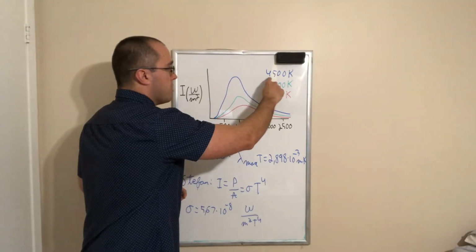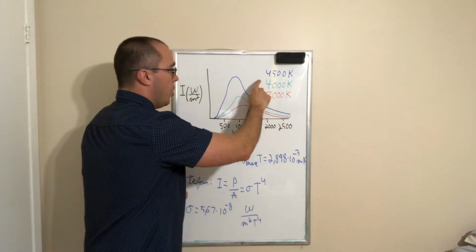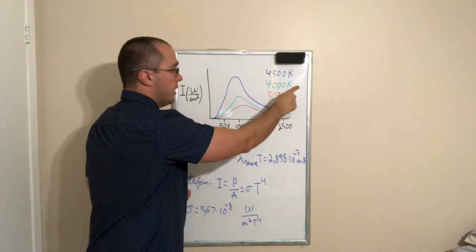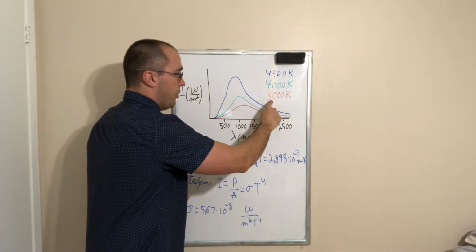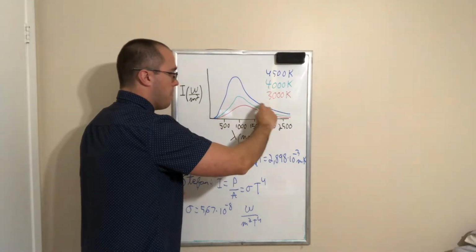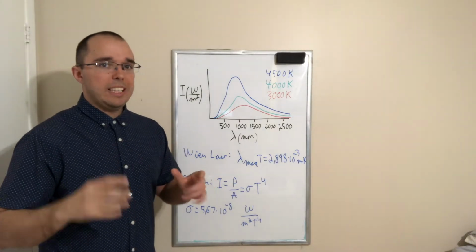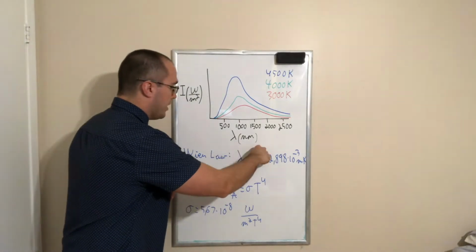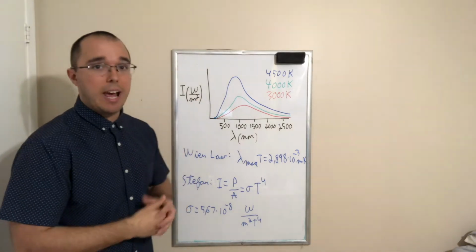One at 4,500 Kelvin, it's the blue line. One in green at 4,000 Kelvin. And one in red at 3,000 Kelvin. Now, the goal here is to link the wavelength to the intensity, or the power per unit area.